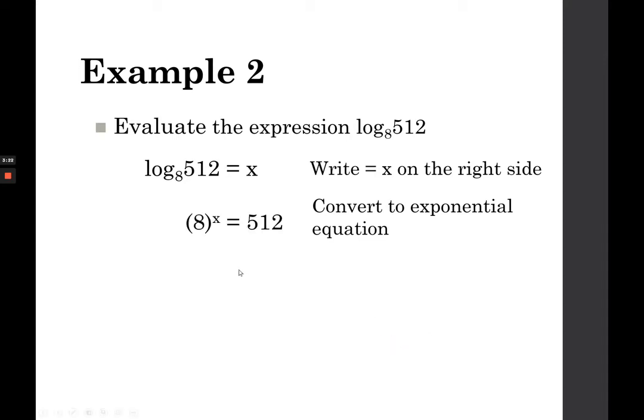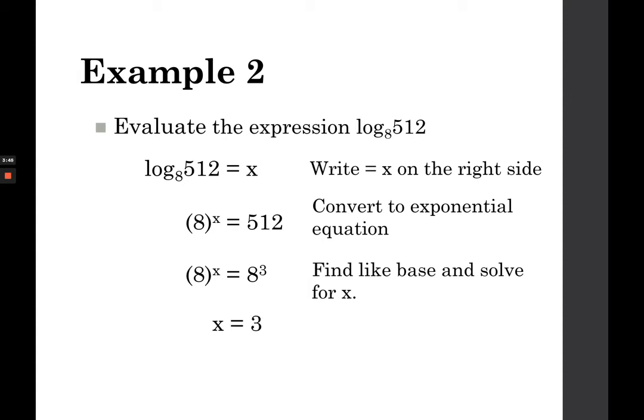We are going to find like bases, so 512 must be a power of 8. It's actually 8 cubed. 8 to the power of 3 is 512. Cancel 8 and you found your x. X is equal to 3.